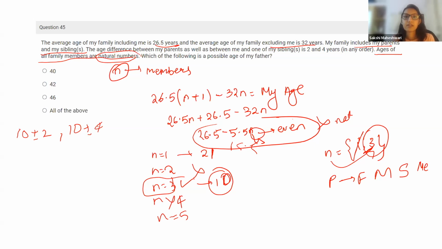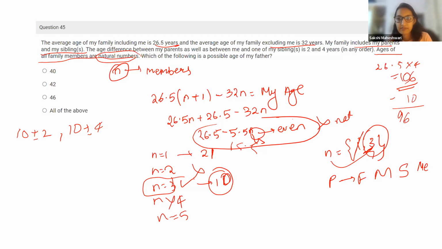Now the average age of my family excluding me is 32 years. So you'll have to again form the cases here. Like this will be 10 plus minus 2, and here also including me is 26.5. So 26.5 into 4 gives you 106. 106 minus 10 gives you 96.